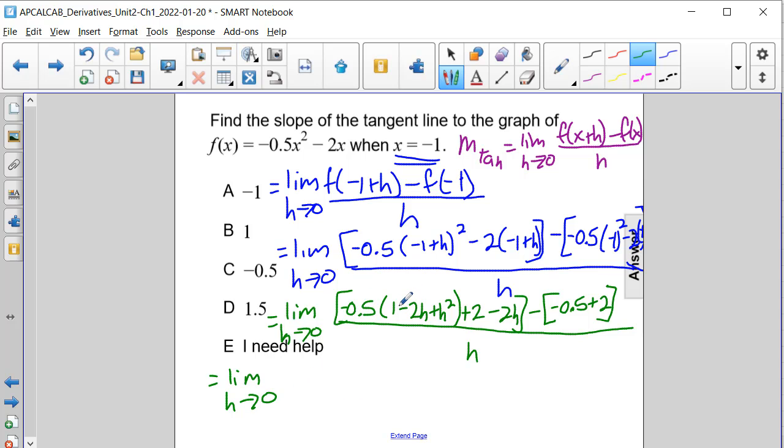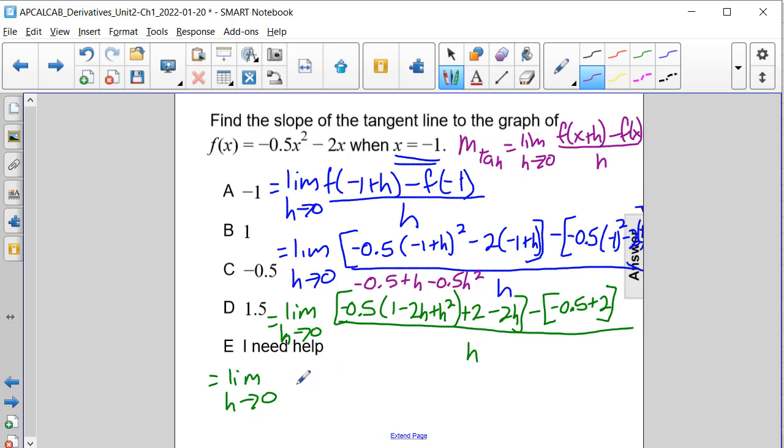And now let's distribute this -1/2 through. So that would end up being -5/10 plus h minus 5/10 h squared. And now with that being simplified, we can rewrite it and eliminate the brackets.